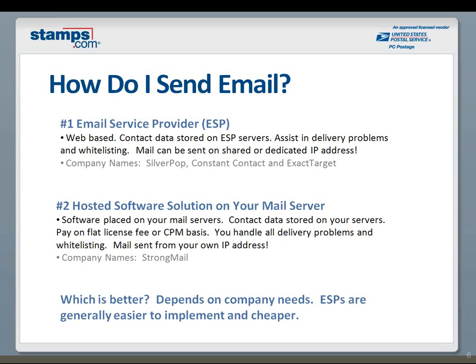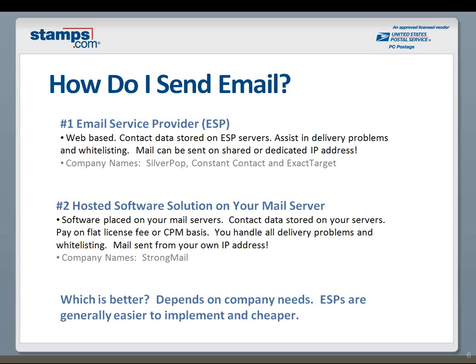The ESP program also manages all of your unsubscribes for people unsubscribing from your list, as well as hard and soft bounce management. For those of you who are unfamiliar with those terms, a hard bounce is an email address that is no longer active. So say you've moved and you're no longer even monitoring that email address, or it's not even an active email address any longer, that would produce a hard bounce.